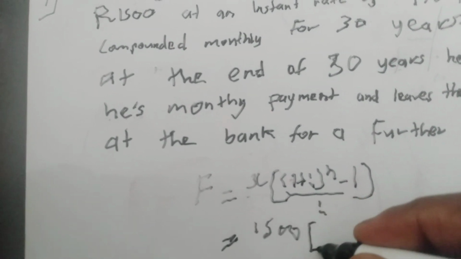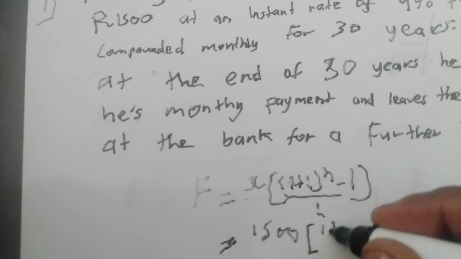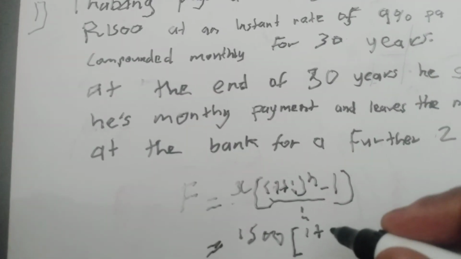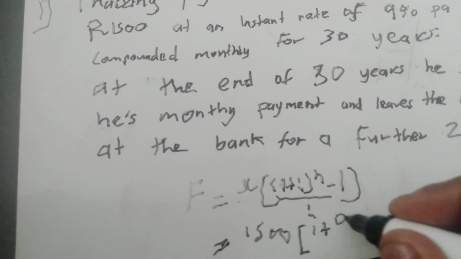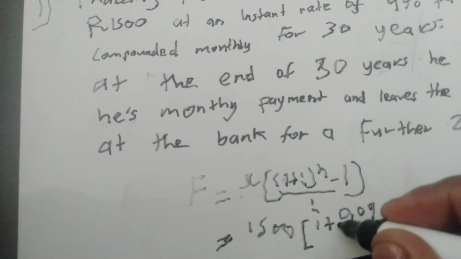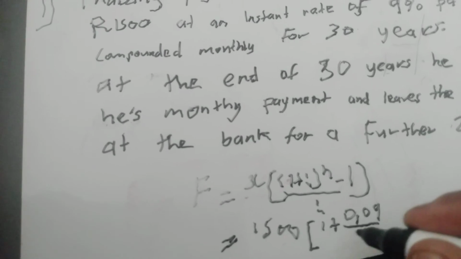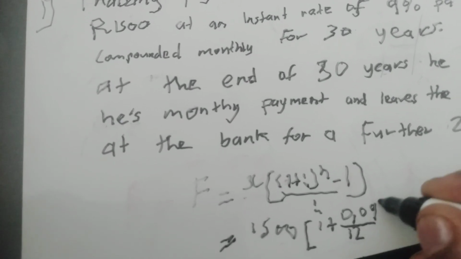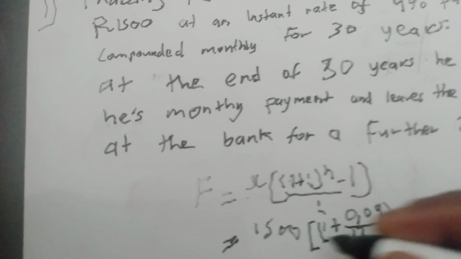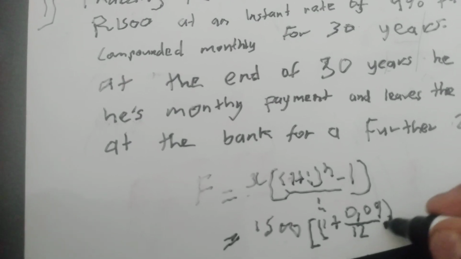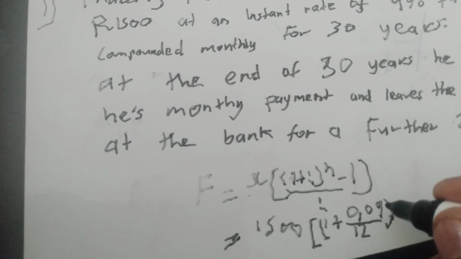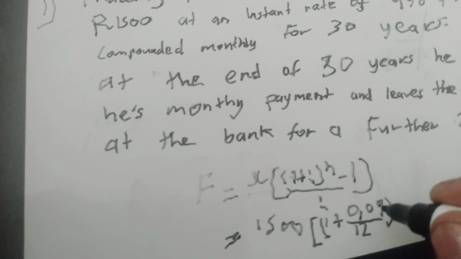And then what other thing do we have? There's going to be 1 plus the percentage, which was 9%, so it's going to be 0.09 divided by, the guy is paying monthly, so we have to divide by 12. And then n will be the number of years times the number of payments.